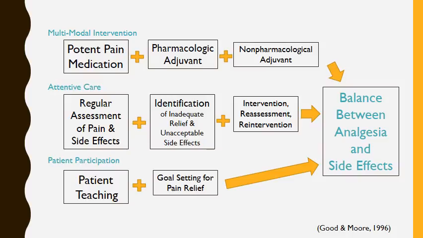The nurse with the patient then develop a mutual goal. These goals are mutually agreed upon, safe, and realistic for the relief of pain and side effects. The theorists propose that when the nurse uses each of these concepts together, there is decreased pain and a balance between analgesia and side effects.